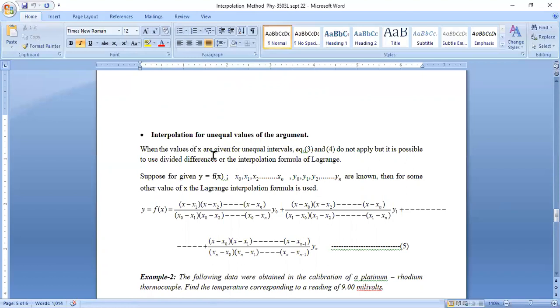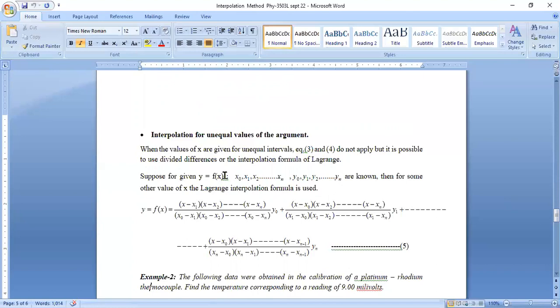When the values of x are given for unequal intervals, equations 3 and 4 which we have used are not applied. It is possible to use an interpolation method, and the method we will use is the Lagrange interpolation method. Once again, you have a function y, suppose y is some function of x, let us say y equal to e to the power of x, or y equal to e to the power of minus x.